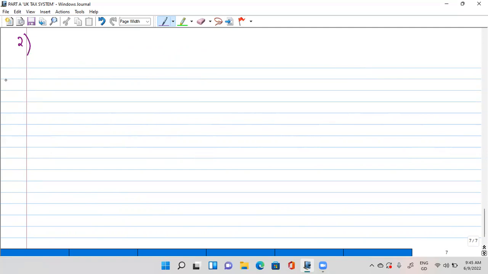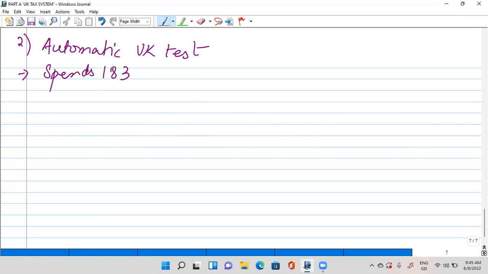So if we look at our first condition, the first condition is that he spends 183 days, which makes up 6 months, like it's the half.